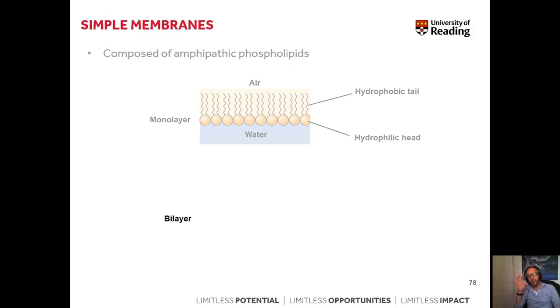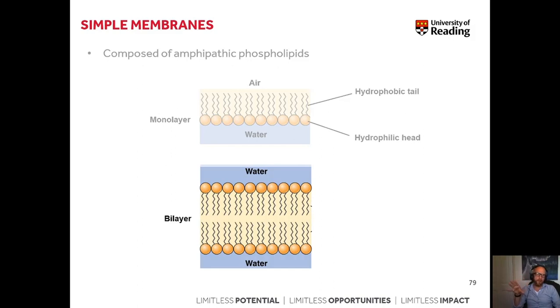Another type of membranes are the bilayers. As you can see here, we do have water on both sides of those membranes because, similar to monolayer membranes, we do have a polar head, which is hydrophilic, and non-polar tails, which are hydrophobic. So this is slightly different compared to monolayer membranes.